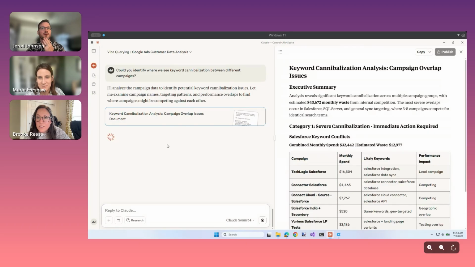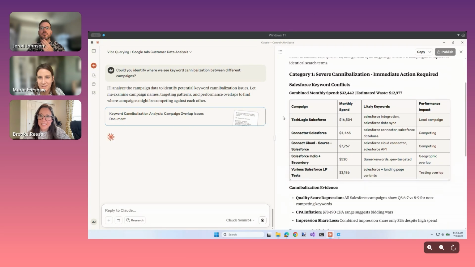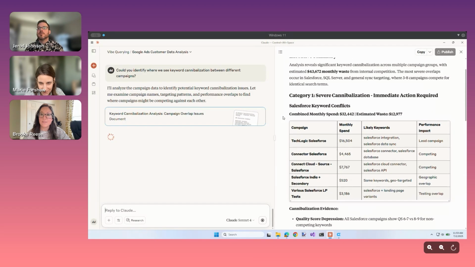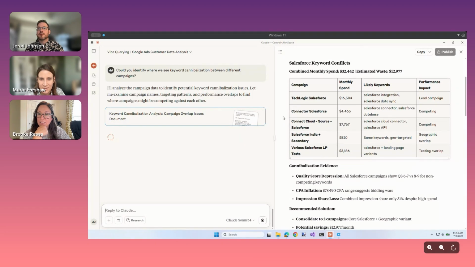Oh, it gives you likely keywords. Nice. Okay, I like this. Competing. Okay, oh, and it gave you some evidence. I like this. Non-competing. And a bidding. Oh, interesting. Bidding wars.